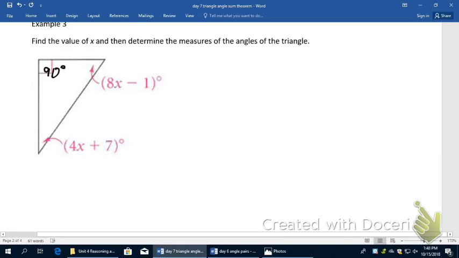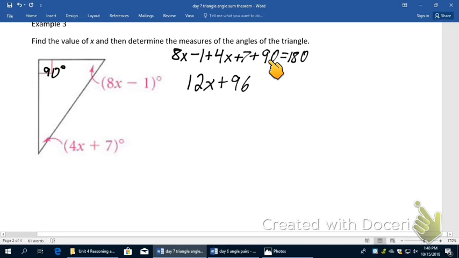Now I'm going to add these three angles to 180 to be able to find x. So 8x minus 1 plus 4x plus 7 plus 90 degrees is equal to 180. Now I'm going to combine like terms. 8x and 4x makes 12x. And negative 1 plus 7 plus 90 is 96. 7 plus 90 was 97.